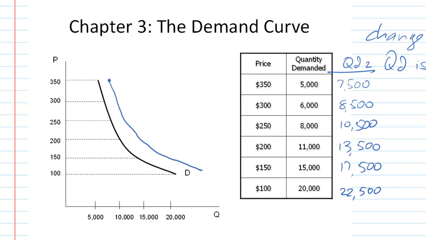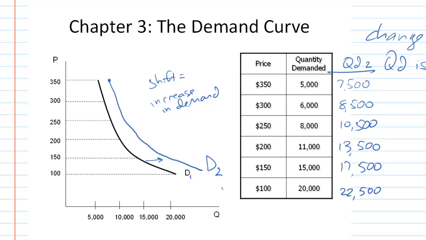We'd call that new curve D2, and we'd show that shift with an arrow shifting out to the right. And so that shift is an increase in demand. Compared to D1, we've increased demand to D2.